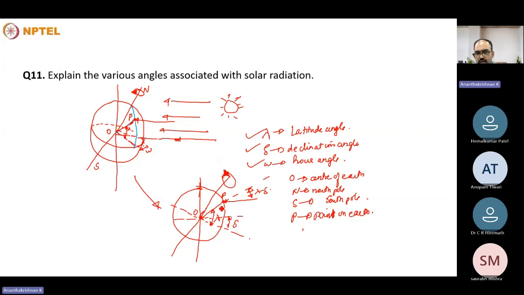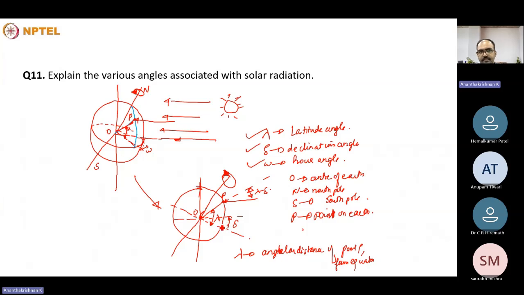So how much is the angle from the equator? At the equator, it will be 0 degrees, and if we move to the pole, north or south, it will be 90 degrees.